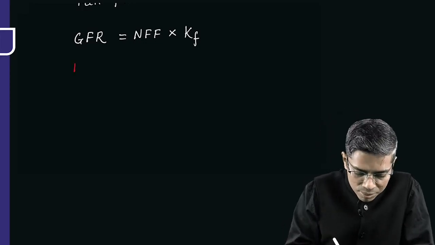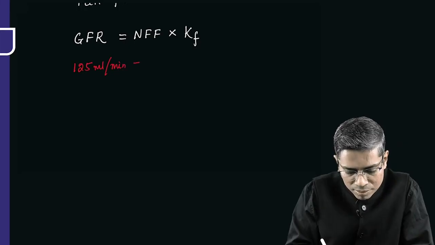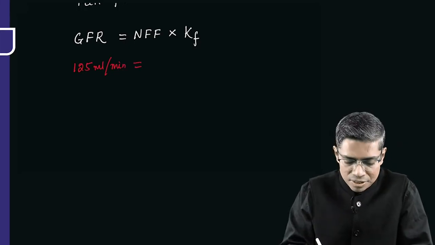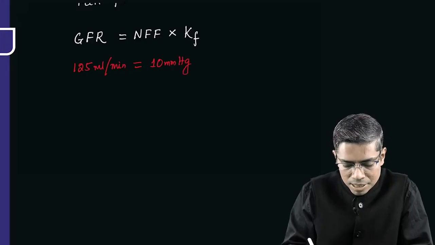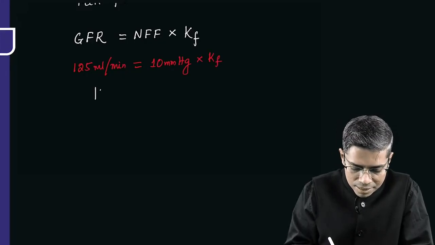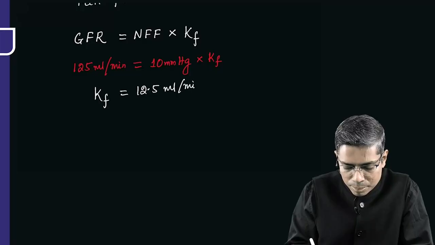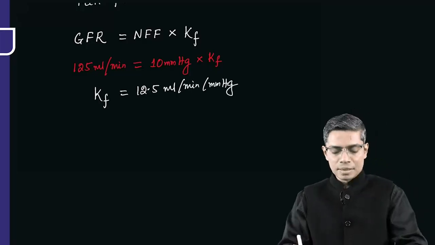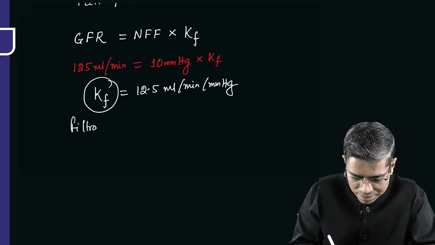So put the normal value of the GFR, that is 125 ml per minute, right? That is the normal value of GFR. Net force of filtration, just now we have calculated, is 10 millimeter of mercury multiplied by Kf. So the obvious thing is that Kf is equal to 12.5 ml per minute per millimeter of mercury. So this is a constant. This constant is known as the filtration coefficient.